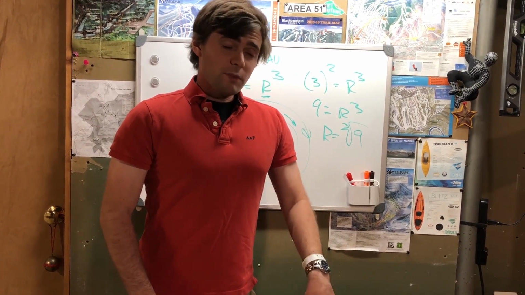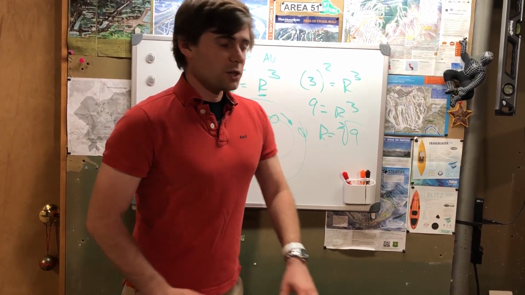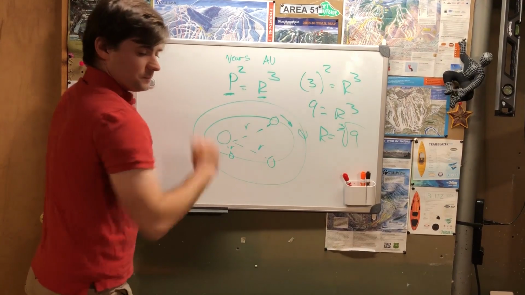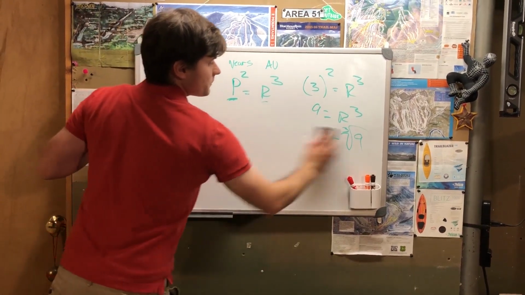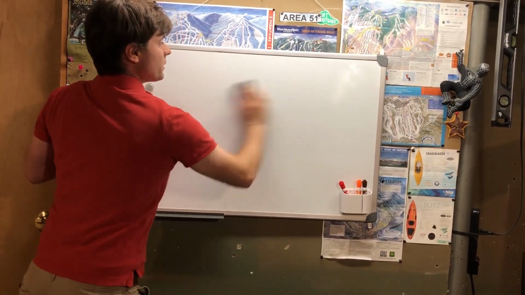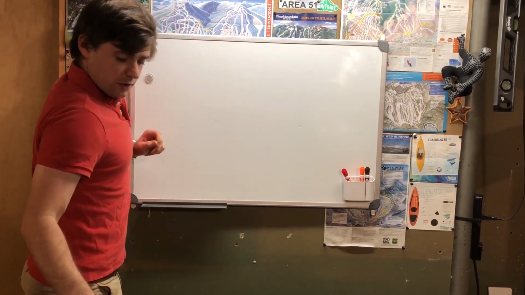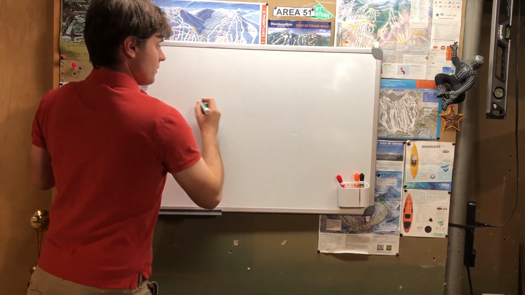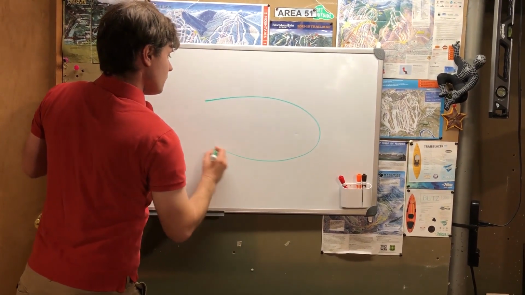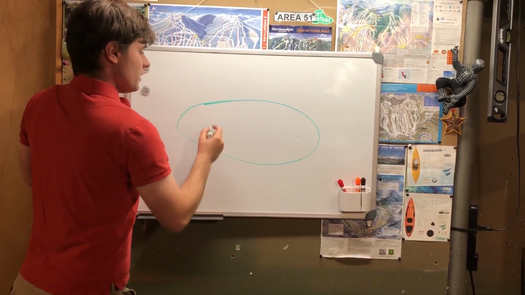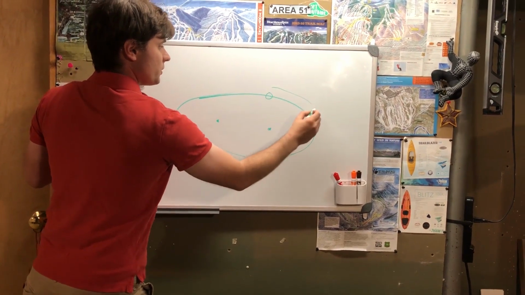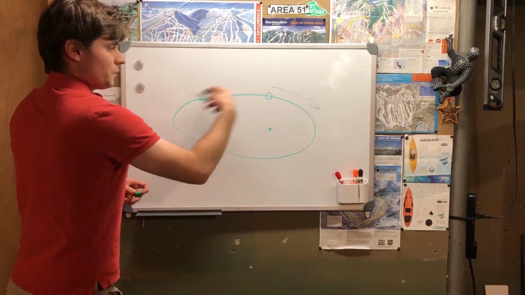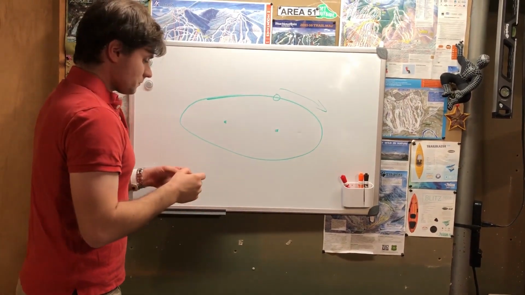Now, in our lab this week, we're going to be actually recreating an elliptical orbit. And what you're going to do, and we'll go over it later in the video, is essentially create your own ellipse, just like that, using 2 pins, and then chart the motion of a hypothetical planet around that ellipse.